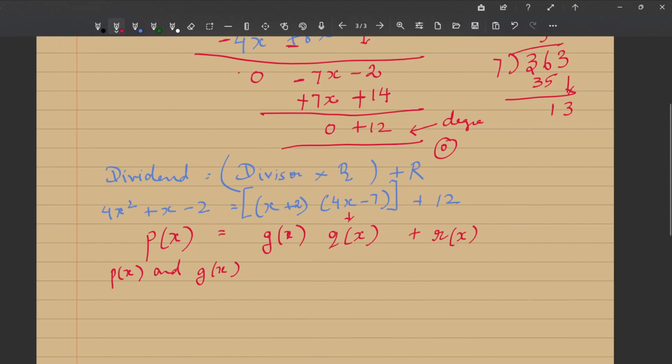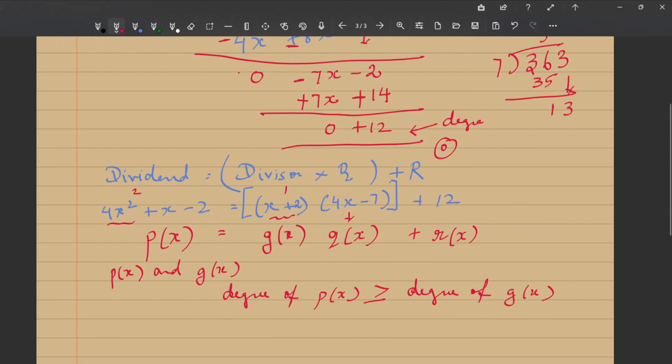The degree of p of x should be greater than or equal to the degree of g of x. In our case, the degree of p of x was 2, the degree of g of x was 1, right? So, this is one condition.